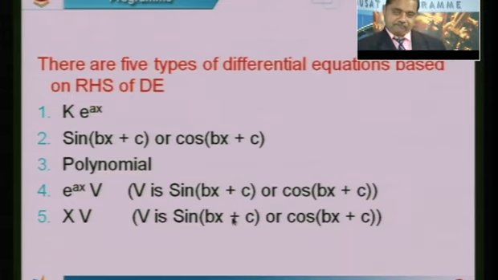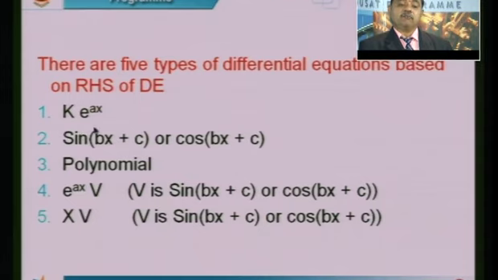What do we say very clearly? See, the first 3 types are the most important types. You can see in the fourth and fifth, only e power ax into v, x into v. So the job of v or e power ax is going to be simple. Then in the fourth and fifth types you will get once again these 3 types.